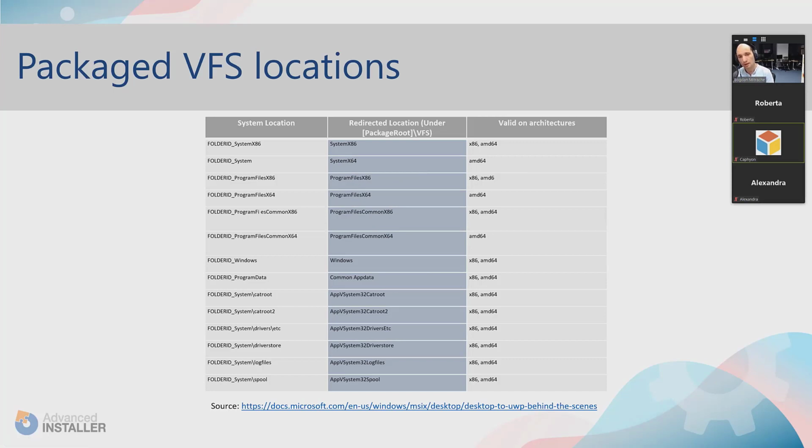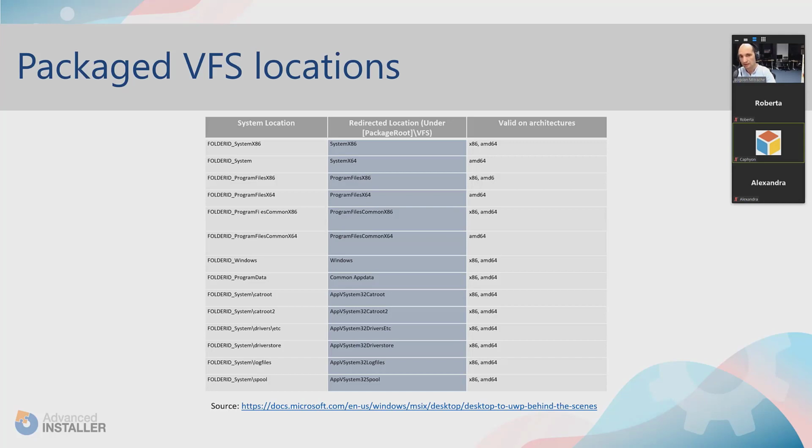And every time your application is trying to load a file from those folders, it will be redirected by the system automatically to load the resources from these files. For the application, this is completely transparent. So that's the magic of the virtual file system, of the VFS. The application is not aware that it's actually reading those files from a different location.